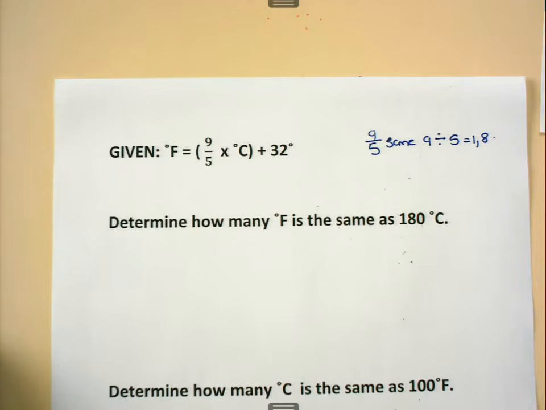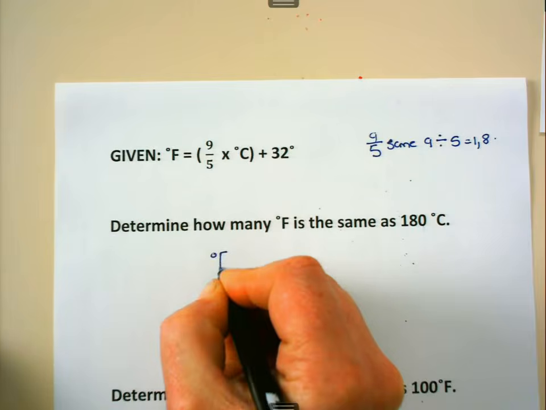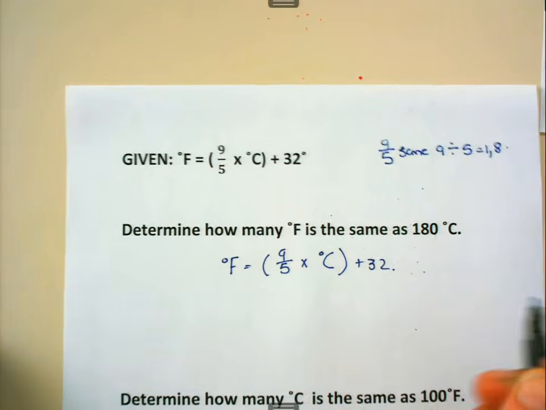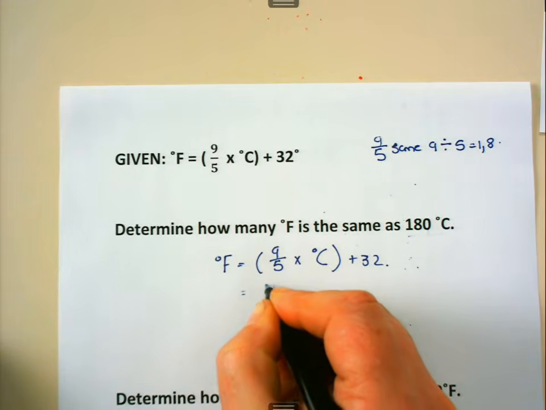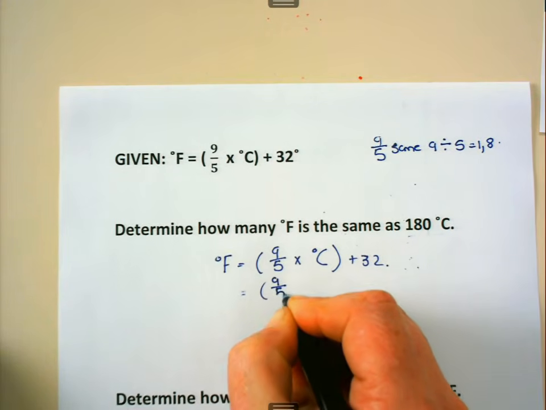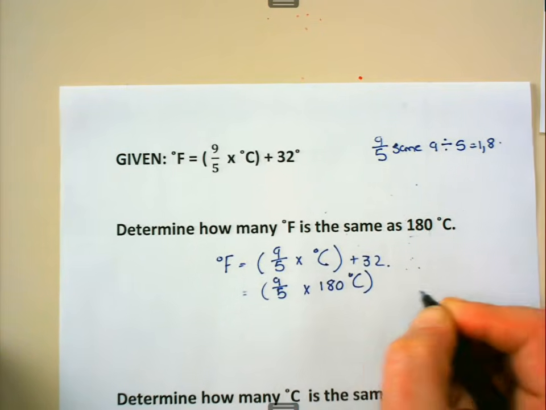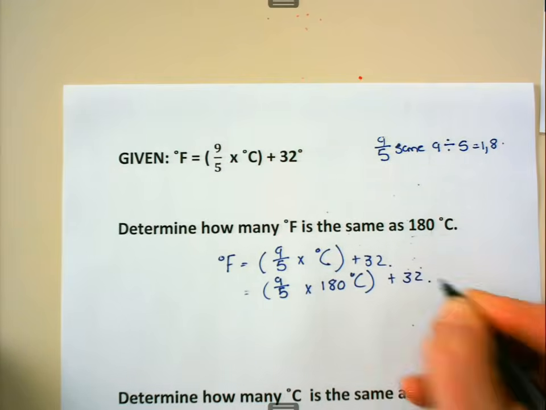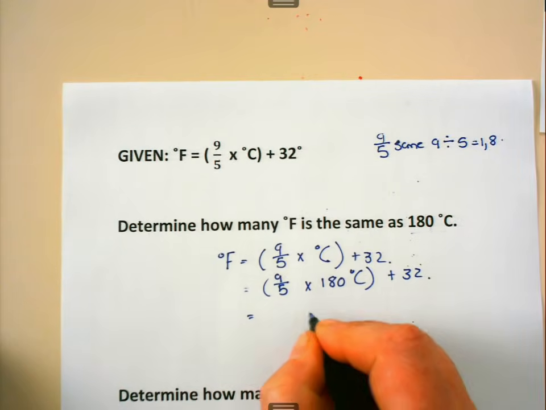I'm going to just show you one example. Say for instance, I am using the formula given, and I'm given 180 degrees Celsius. In this case I'm going to work with 9 over 5 times, in the place of degrees Celsius, I put 180 degrees Celsius, and then I add 32. If you press 9 over 5 on your calculator, you will get 1,8. If you multiply that by 180, you will get 324.